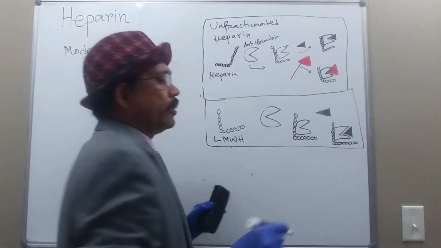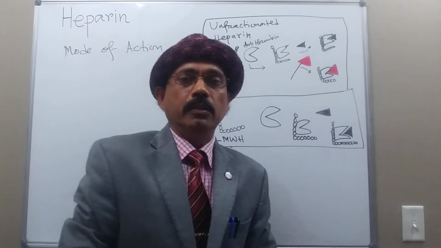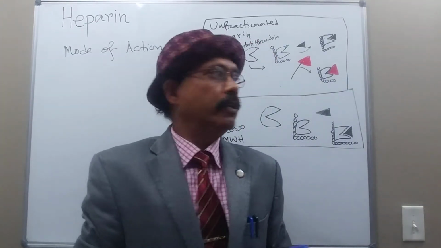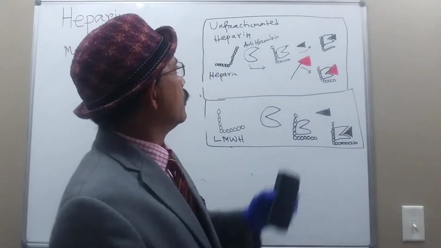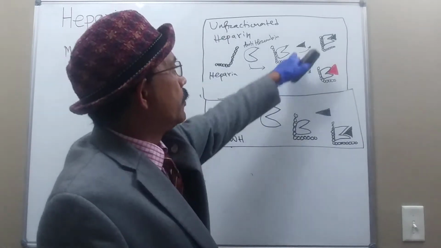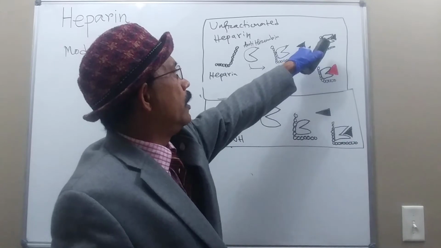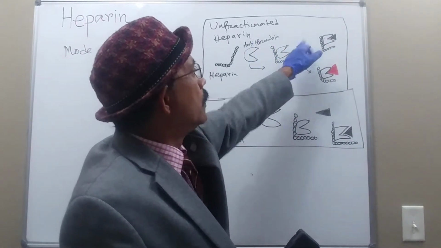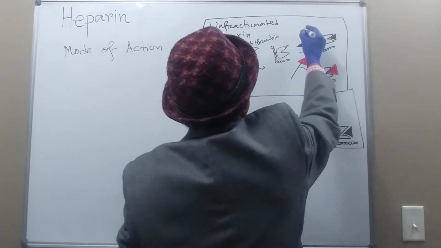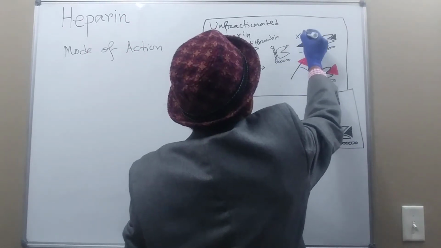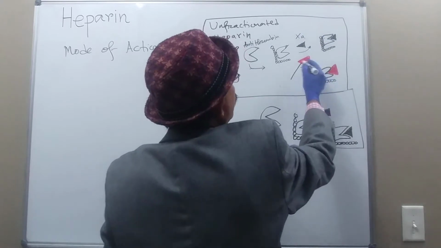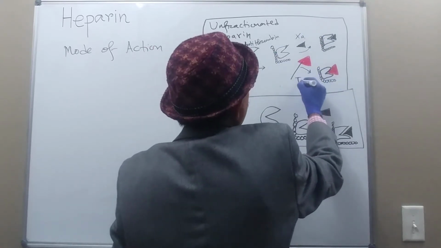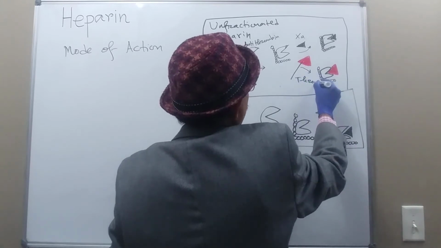Antithrombin is a glycoprotein produced in the liver. Antithrombin will be attached to factor 10A, the blood clotting factor 10A, and also to thrombin.